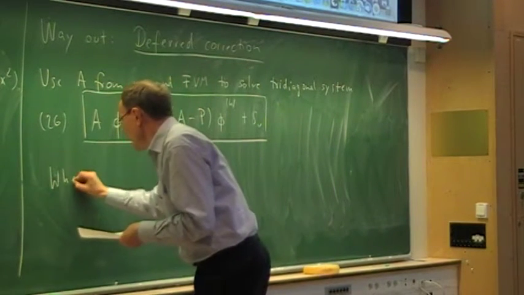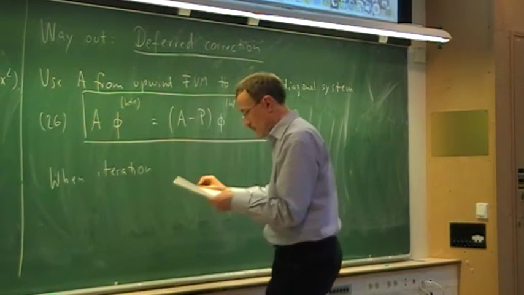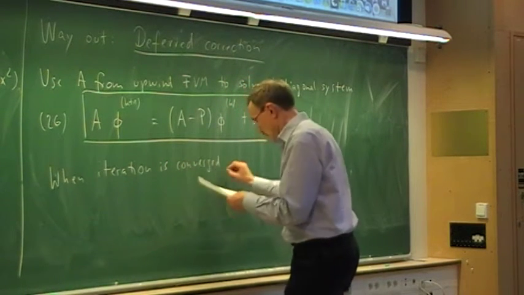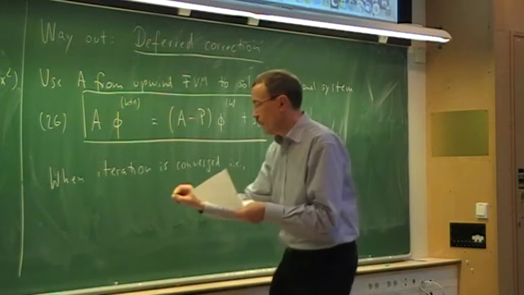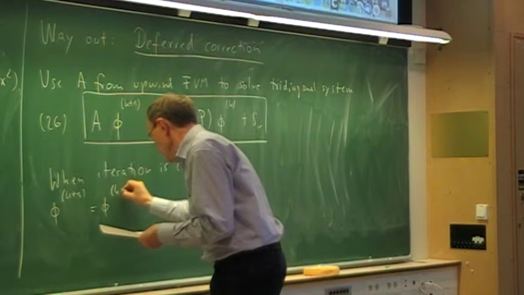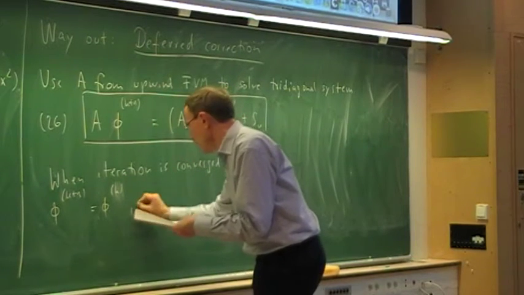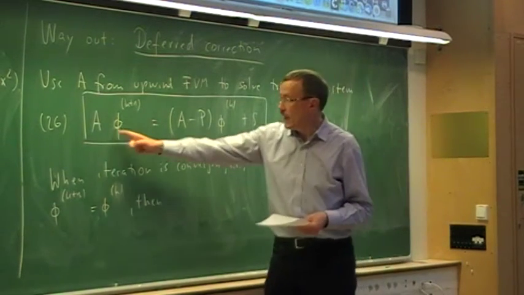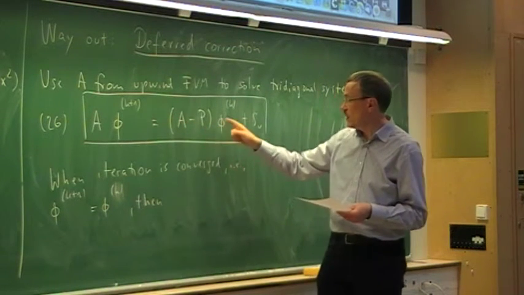So when the iteration that we have defined by this deferred correction is converged, that means that the phi at the new iteration is equal to the phi at the old iteration. That is when we have convergence. When that is the case, the A phi terms cancel, and we are left with 0 minus P phi plus SU.